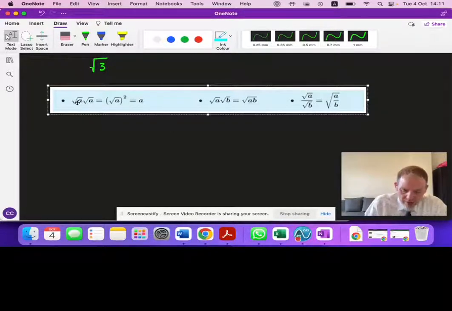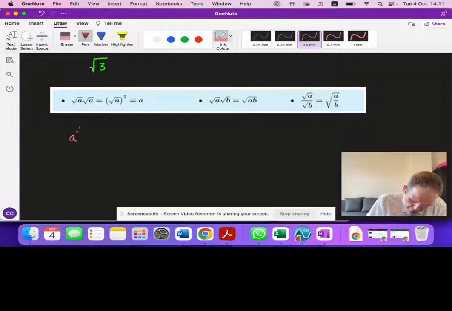In the past, you've done this to prove that a to the 1/2 power times a to the 1/2 power is in fact a. So the reason we can do this is if we multiply two radicals that have the exact same number on the inside, we'll just get the original number.